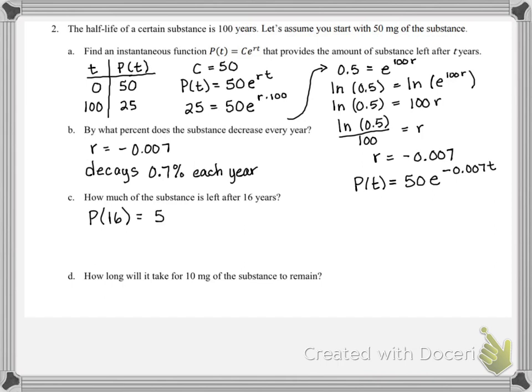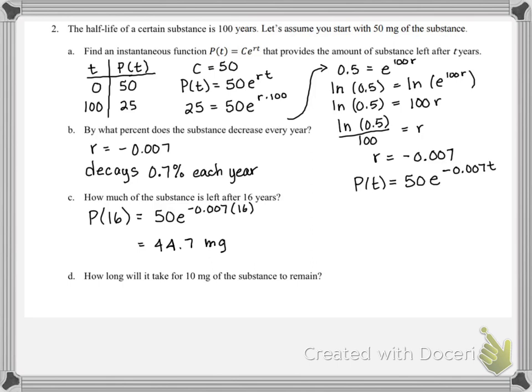So we have 50 e to the negative 0.007 times 16. And that should be like 40 point, is it 40 or 44? 44, thank you. 44.7 milligrams. And if you're setting these up the right way and not getting the same numbers as we are when you punch it in your calculator, be sure to come see me or let me know, so we can figure out how to correctly put it in your calculator, because that's sort of half the battle on some of these, is just getting it in there right.